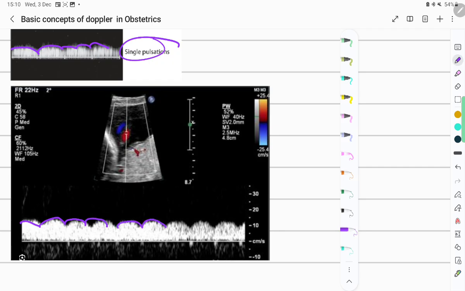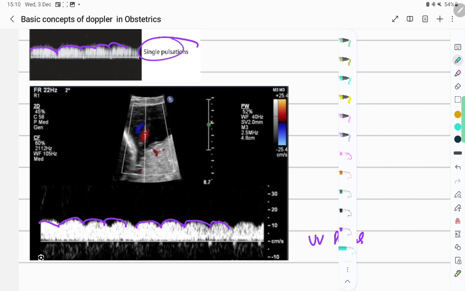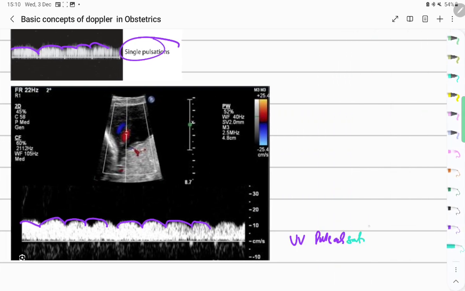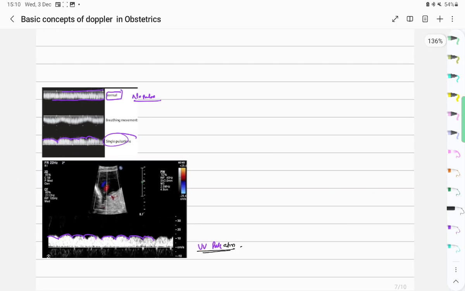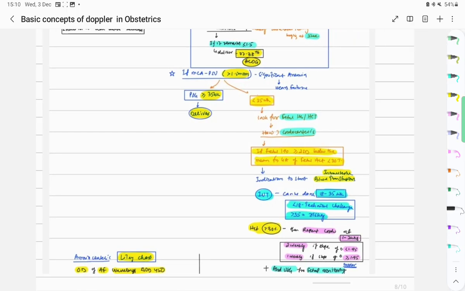Umbilical vein pulsation is the last sign that we get, the sign of fetal acidosis. The fetus will either have stillbirth or IUD in labor.